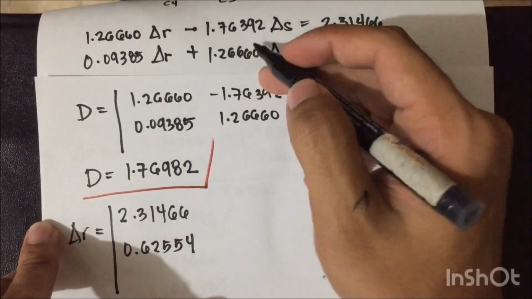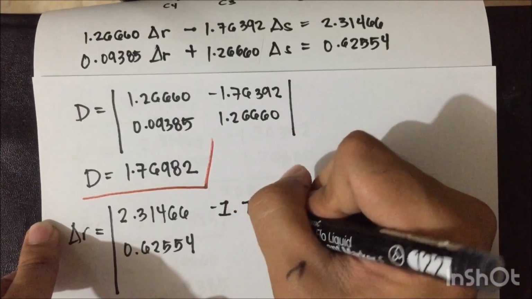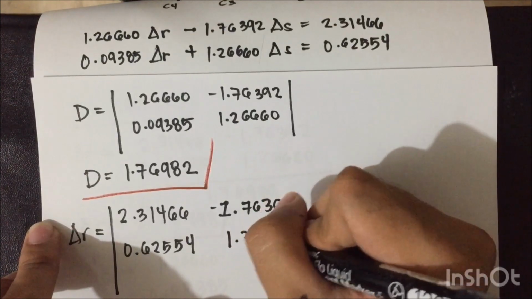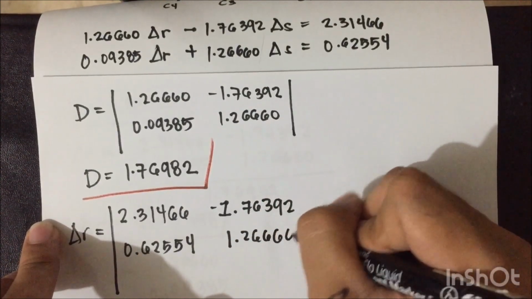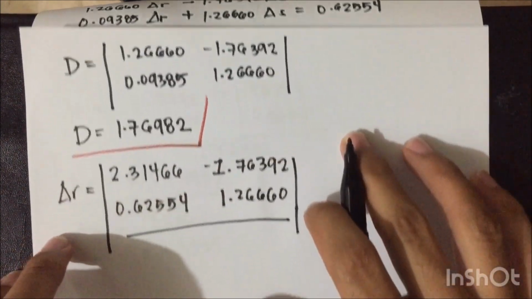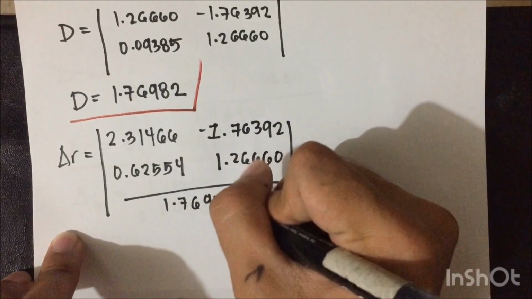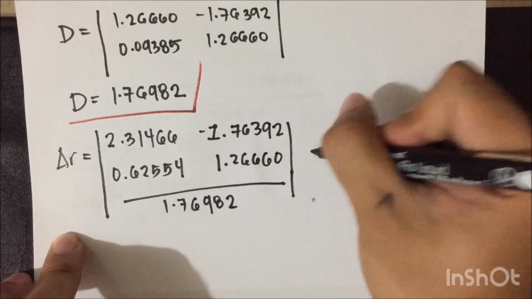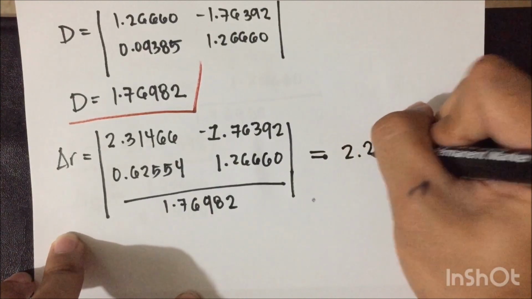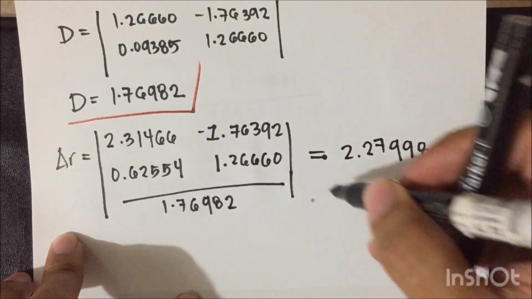Then yung value ng sa delta S natin 1.76392 at 1.26660 over ating determinant na 1.76982 at magkakuha natin tayo ng value na 2.27998.